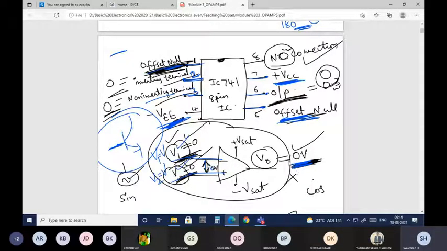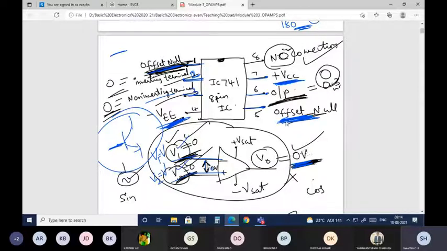But practically it will not be equal to 0, because it will also take the average of V1 and V2, so that signal will be amplified. In order to make the output equal to 0, we will provide some input voltage that is said to be the offset null voltage. Ideally this offset null voltage should be equal to 0. The reason is, ideally, if both the inputs are the same or both the inputs are 0, the output should be equal to 0.